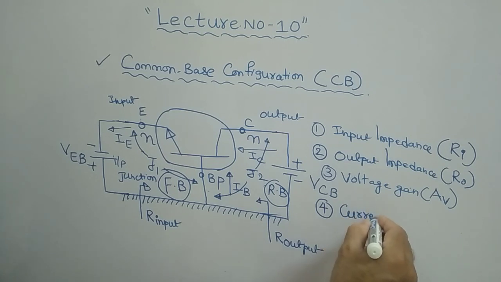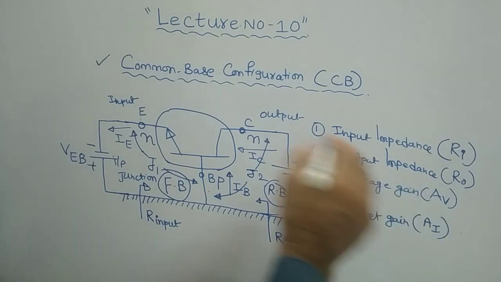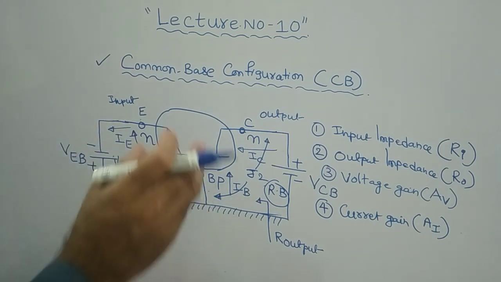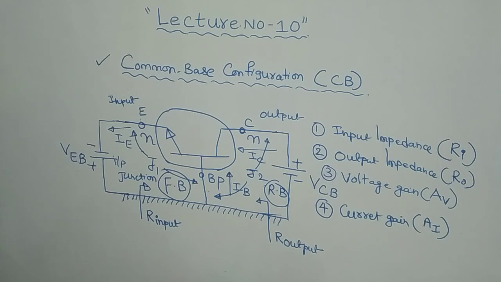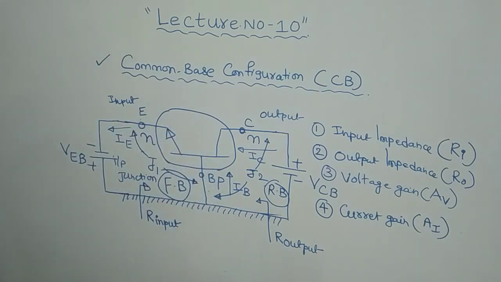What is the current gain? It is again A suffix I. These are the four parameters that we should remember and concentrate on in the transistor circuit while choosing that particular transistor as an amplifier. In general, in practice, for considering the transistor as an amplifier, we must focus on these four values.